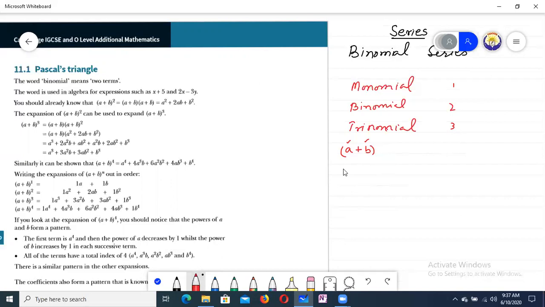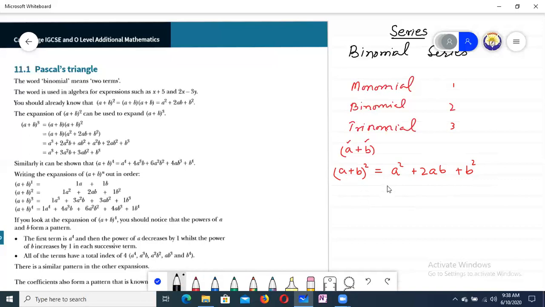If we take a plus b whole square, you are familiar with this one. When we expand it, it will be a square plus 2ab plus b square. This you studied in algebraic identities.